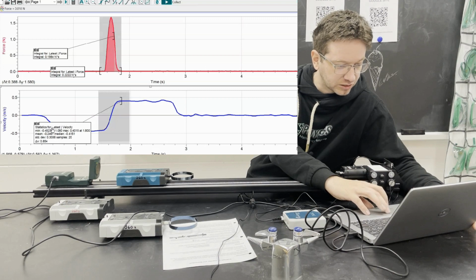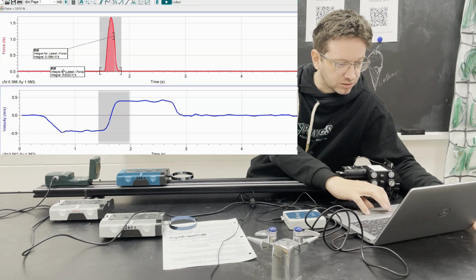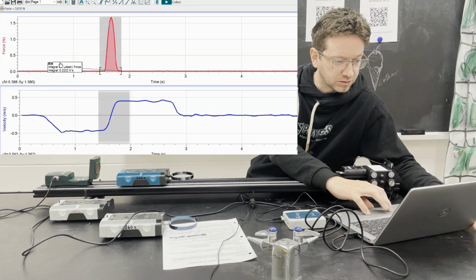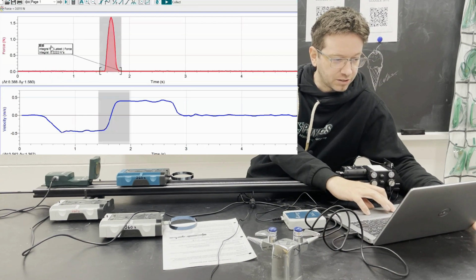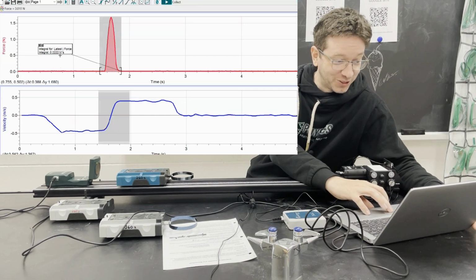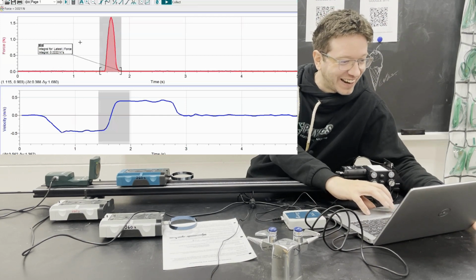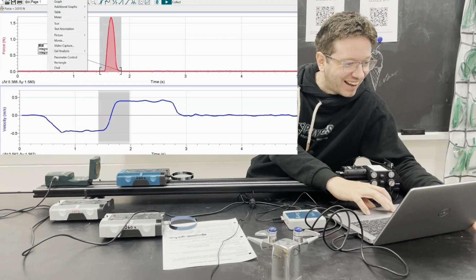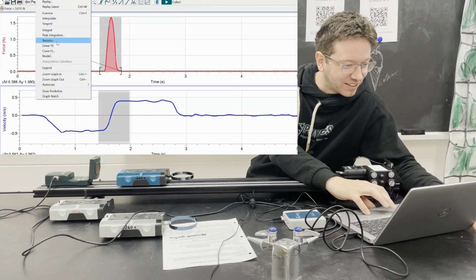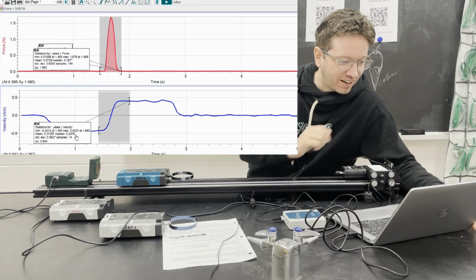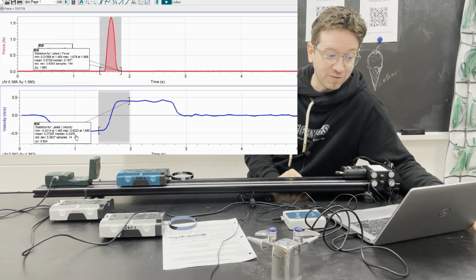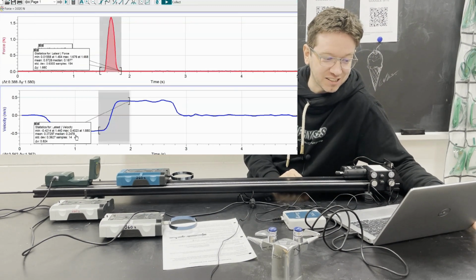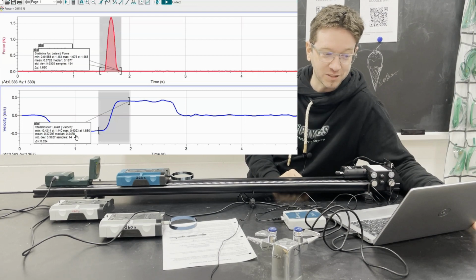And so our impulse is 0.2222 Newton seconds. Wow. Okay. And our change in velocity, we started at negative 0.4214 meters per second and ended at 0.4023 meters per second.